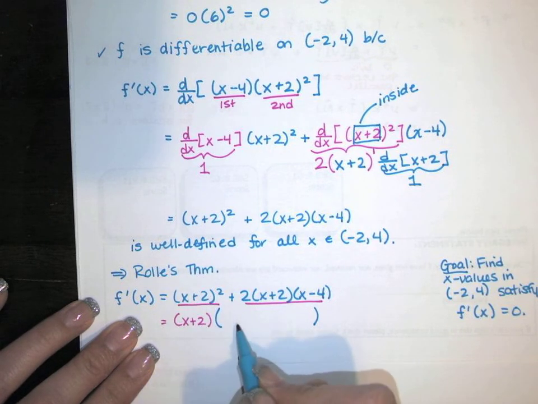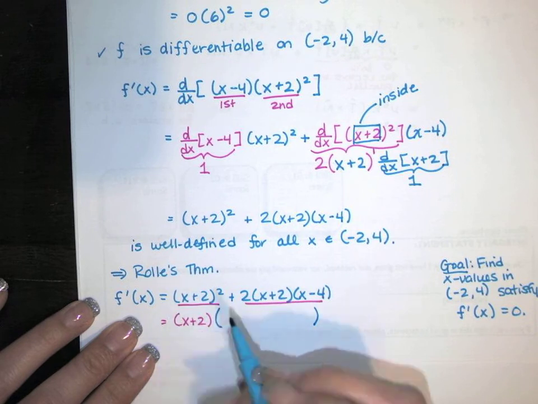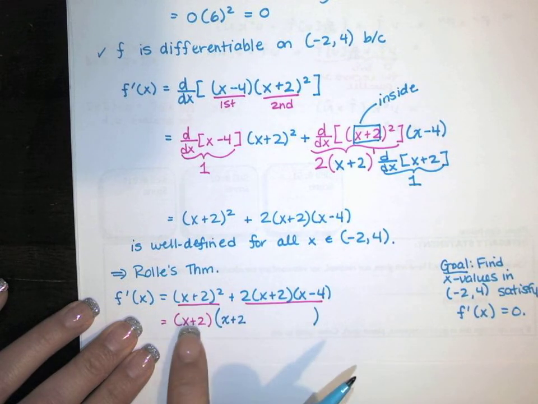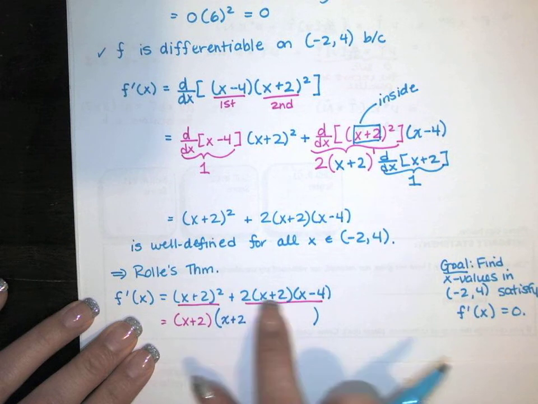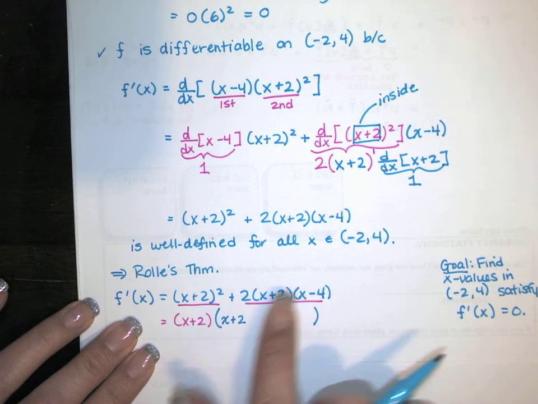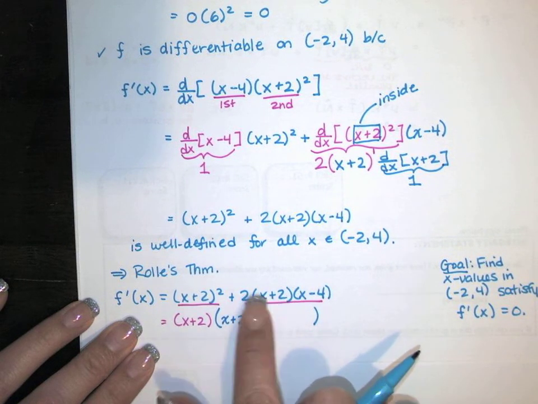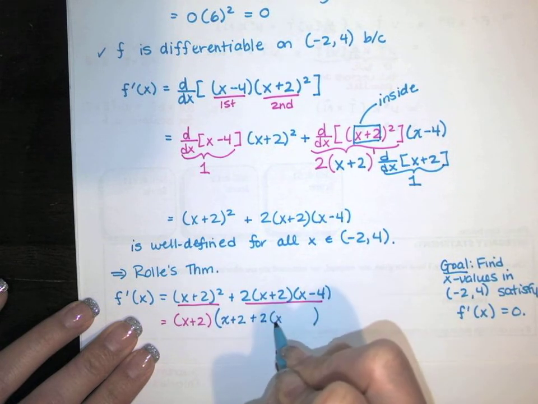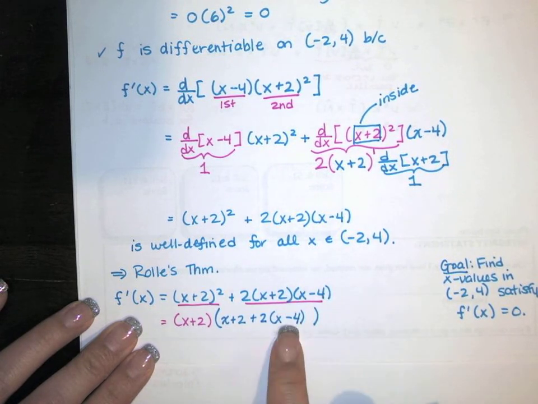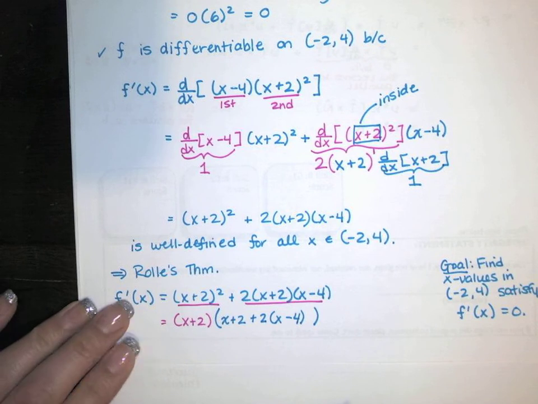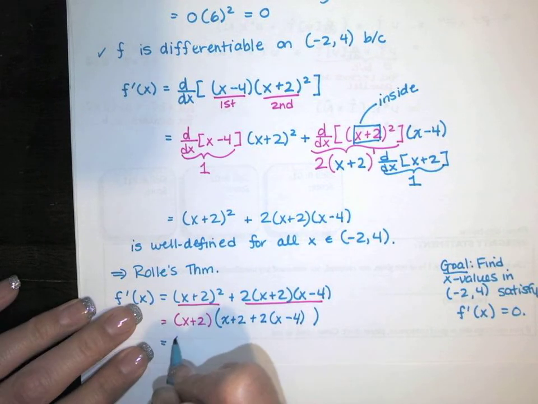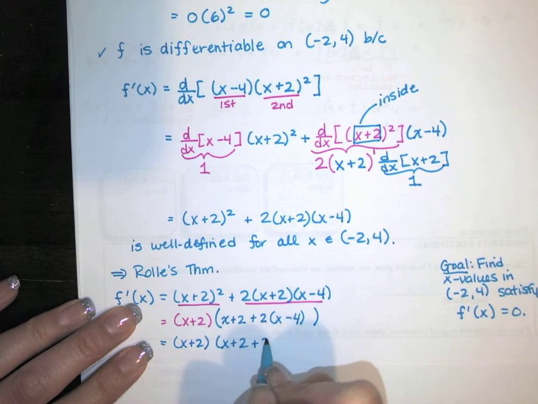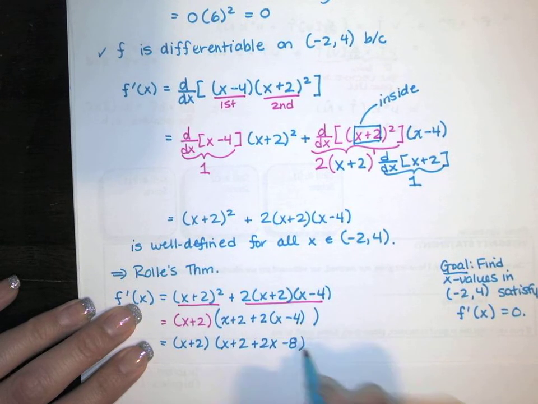That's another x plus 2. And then x plus 2 times what will give me my second term? Well, it already has an x plus 2. I need a 2 and this factor of x minus 4. Don't forget the parentheses, because that 2 has to distribute to it. Okay, so f prime is equal to this. If we distribute the 2 over here, we get 2x minus 8.